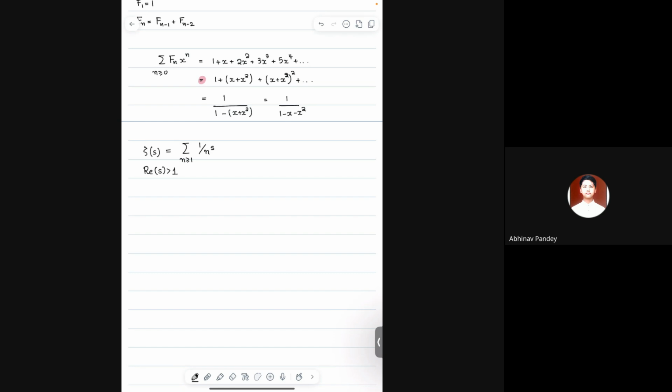And you can actually rewrite this sum, and this is actually a fun problem in combinatorics. You should think about how you might be able to prove this, that you can write this as a product over all primes of 1 over 1 minus p to the power of minus s.